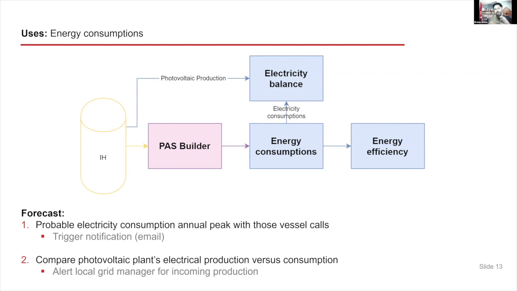And this can address complex tasks. For example, if you are a port operator, you really want to avoid your annual energy peak consumption. So if you provide as an input the scenario of your next week's boats, at the end you will have a projection of your consumption of electricity.